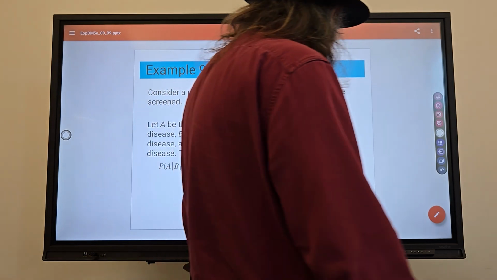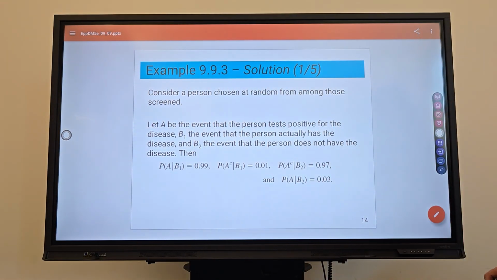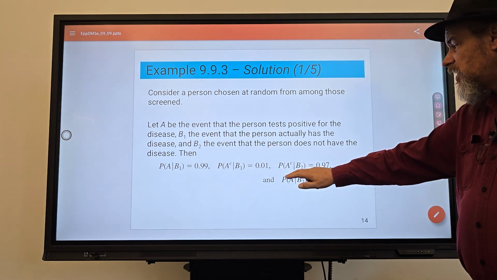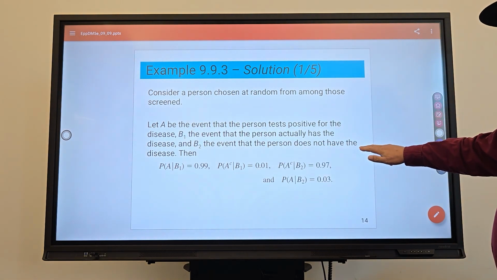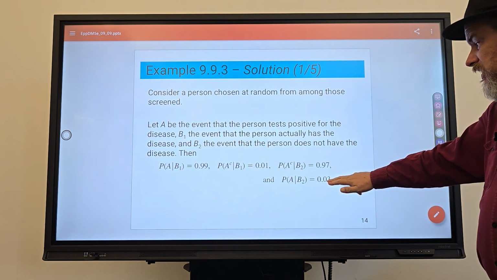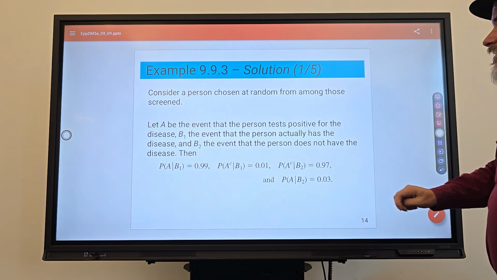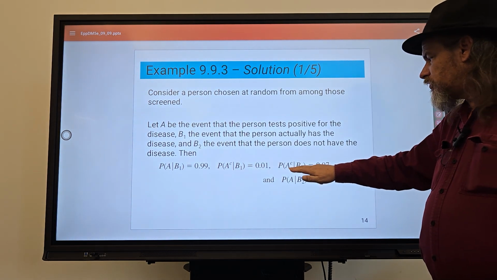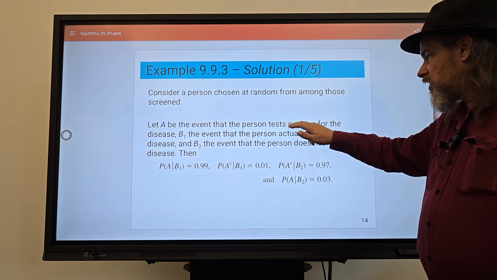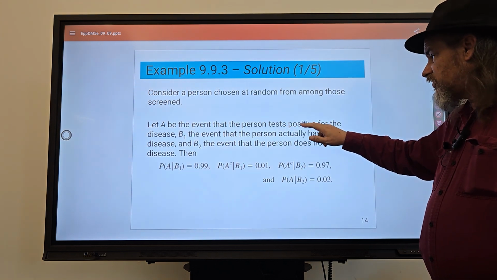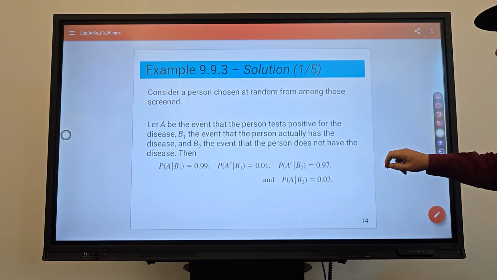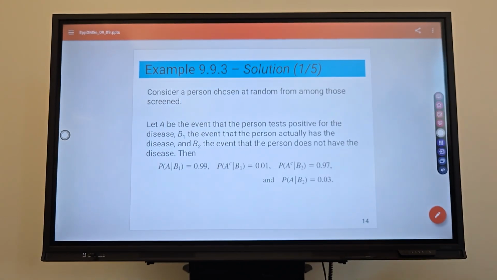Now, the probability of them testing positive given that the person does not have the disease is 0.03, where the complement of that, the event that the person does not test positive and does not have the disease, is 97%.